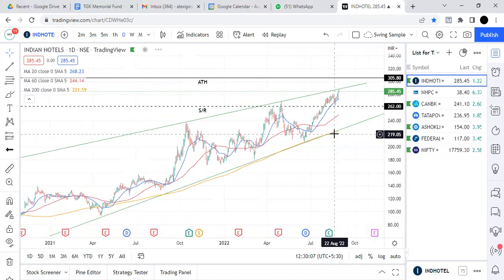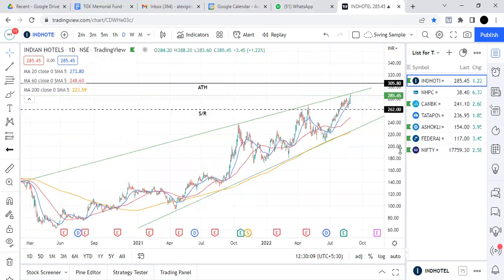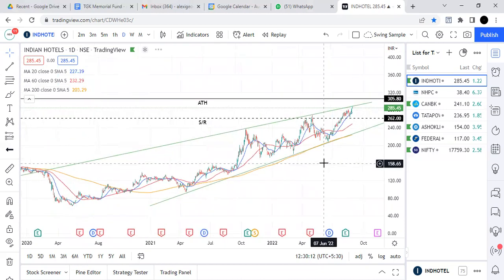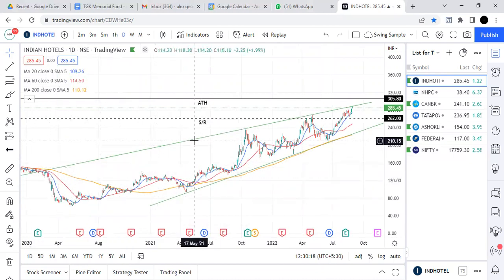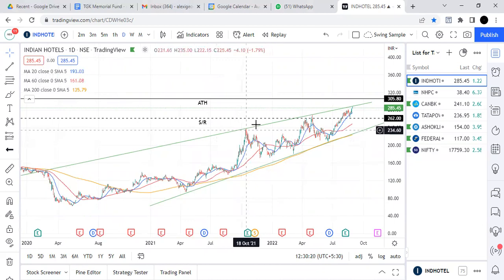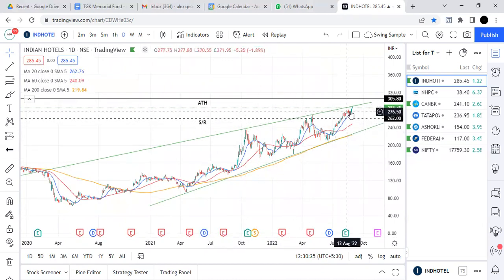And I've looked at the chart zoomed out, and I noticed that there are several times that this line that I've drawn has been a resistance level. See that?